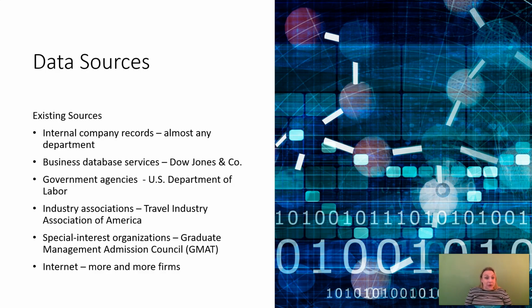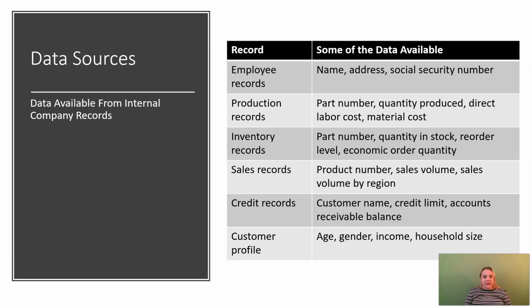Some data sources are internal company records, business databases, government agencies, industry associations, and the internet is full of data, all kinds. So if we look at some different data sources, an employee record, for example, might have your name, your address, your social security number.